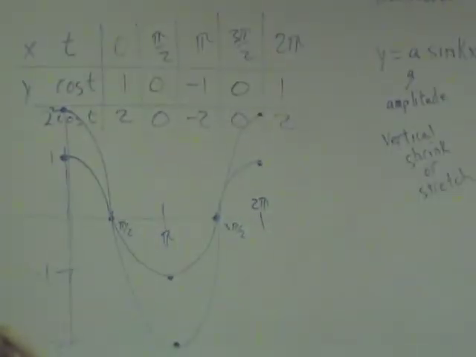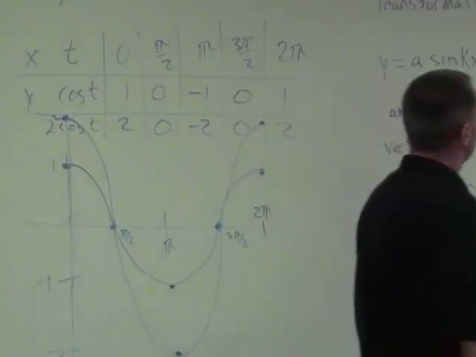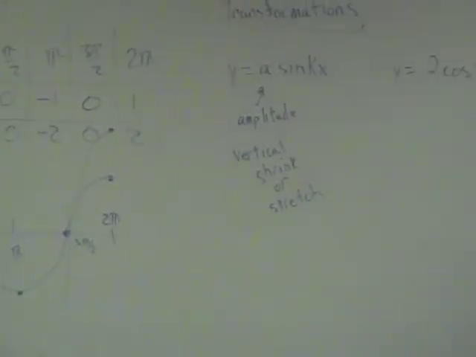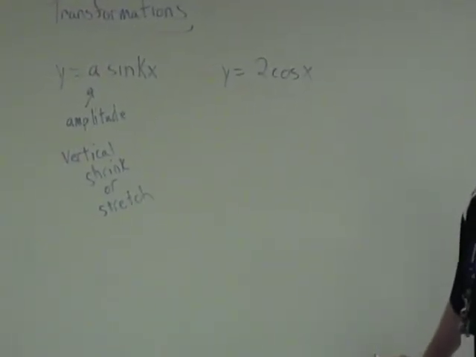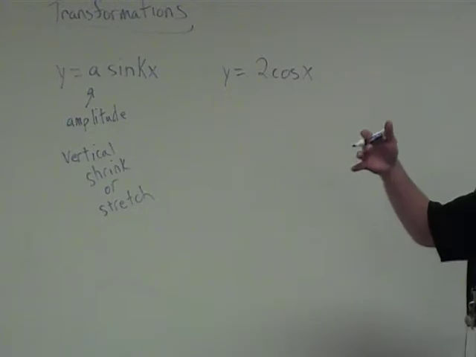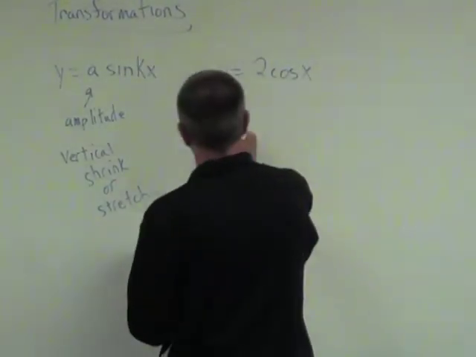What happened? Stretched it vertically, right? That's what amplitude is. Negative will flip it upside down. Got it?